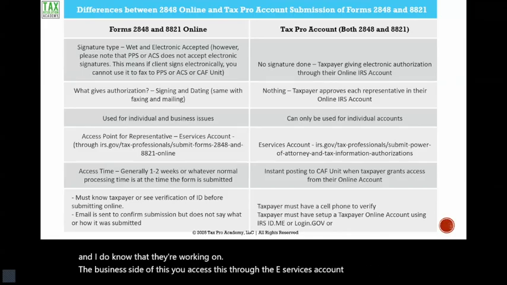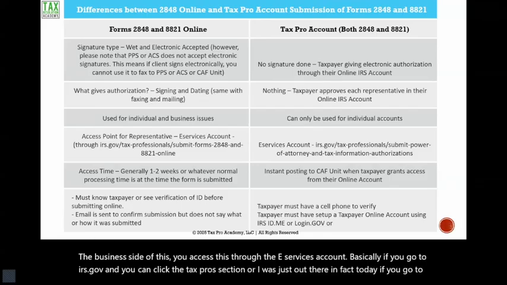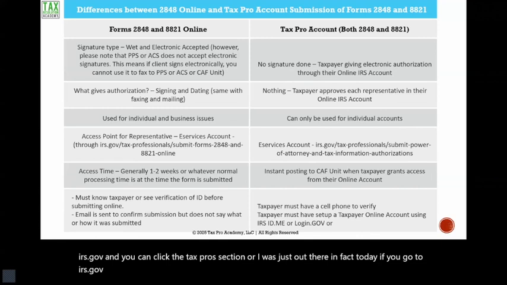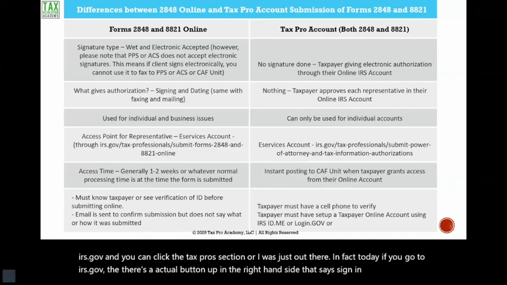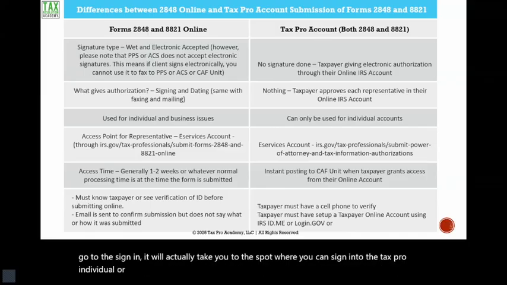Basically, if you go to irs.gov, you can click the tax pros section. I was just out there today, and there's a button in the upper right-hand side that says sign in. When you go to the sign in, it will take you to the spot where you can sign into the Tax Pro individual or business online account.